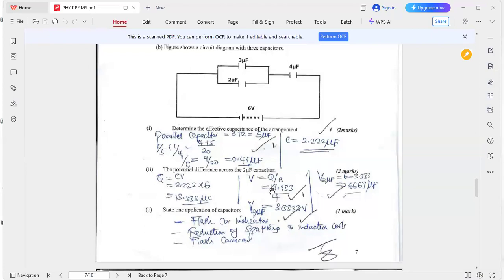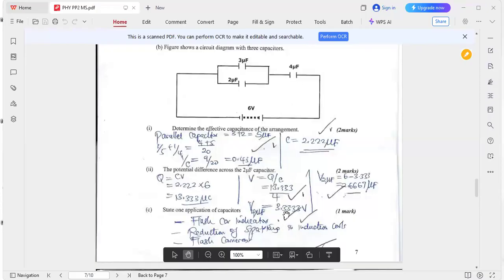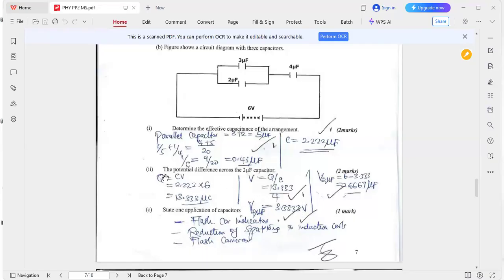So here we take 13.33 times 10 raised to power negative 6 over 4 times 10 to power negative 6, and we get the answer: voltage across the 4 microfarad capacitor as 3.333 volts. But the question is asking, what is the PD across the 2 microfarad capacitor here?